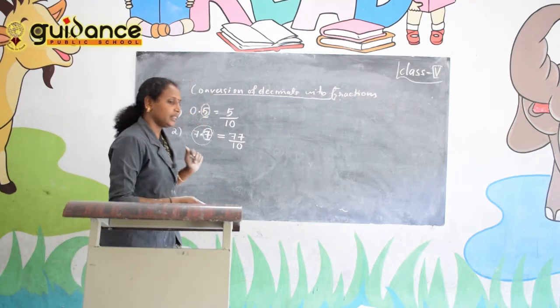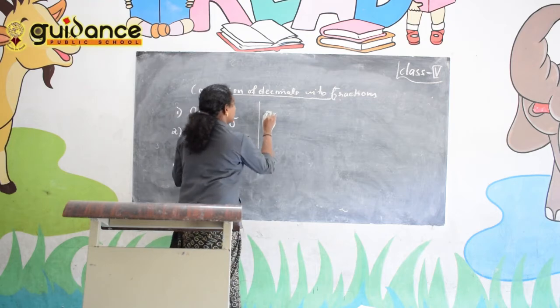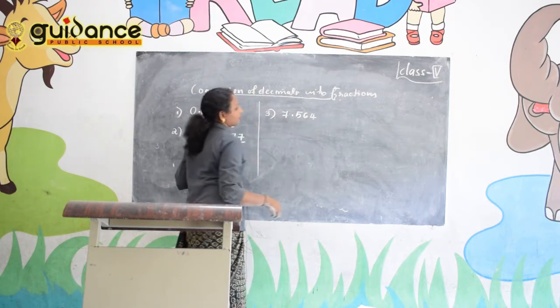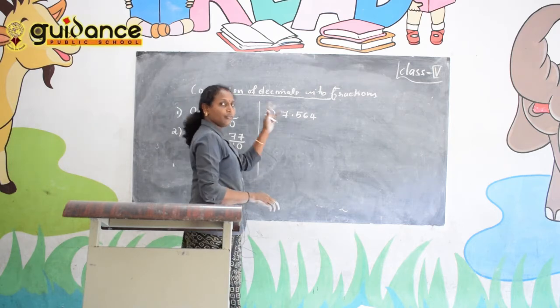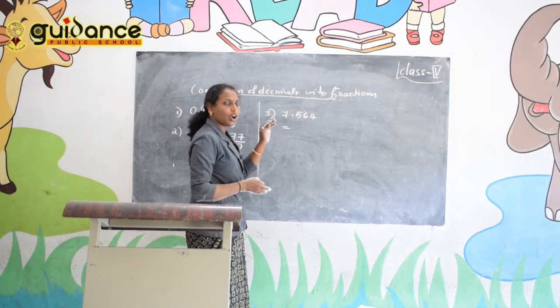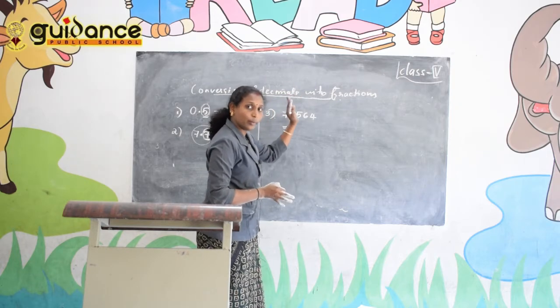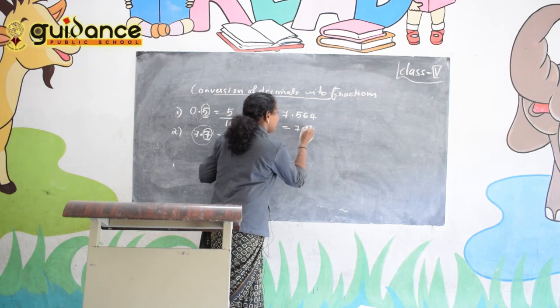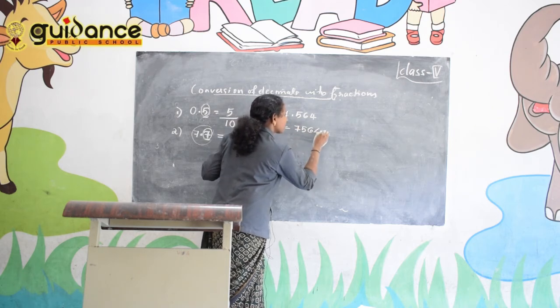Okay. The next one, question number 3: 7.564. As I already told you, first we write the numerator without the decimal point, that means 7564.